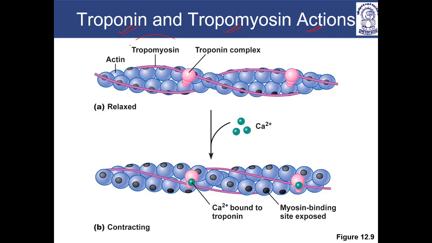Tropomyosin is a fibrous protein, and the troponin complex is made up of three units: TNC, the calcium binding unit; TNI, which inhibits actin; and TNT or TPT, which is attached to tropomyosin. So this is the relaxed state. The moment calcium ions bind, it becomes contracted. This is the contracted state.